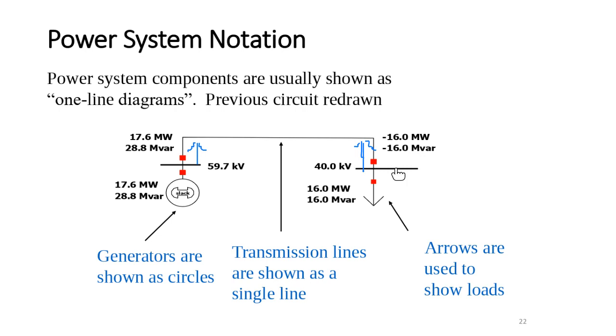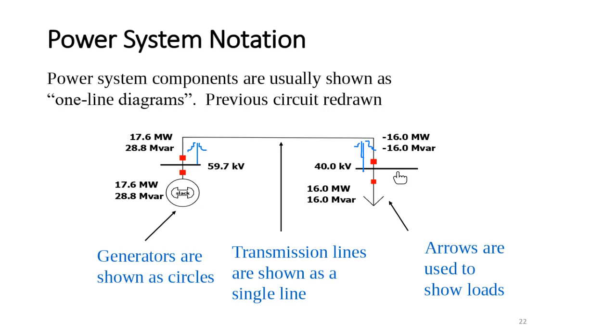It absorbs 16. It means that the power flows from bus 1 to bus 2, down like this. So the minus 16, do not be confused. This bus delivers negative 16.